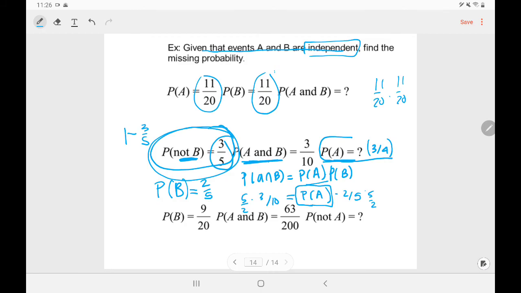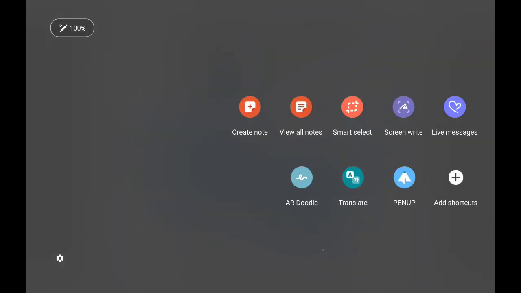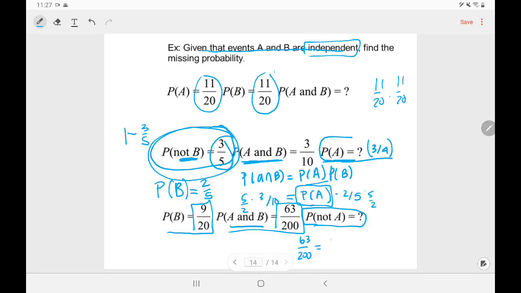Finally, I know that the probability of B is 9/20. The probability of A and B happening at the same time is 63/200. And I want to figure out the probability of not A. So we'll use our rule: the probability of A and B happening at the same time, 63/200, equals the probability of A, which I don't know and will leave alone, times the probability of B, which they gave me, 9/20.